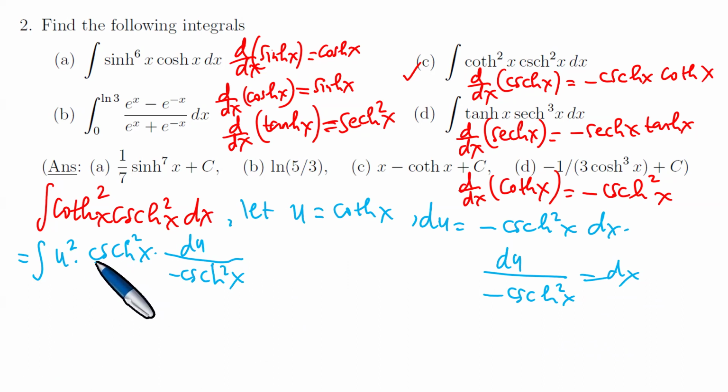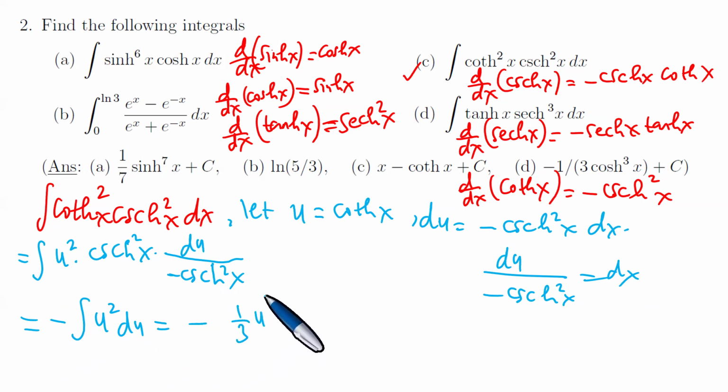So now this is equal to what? This cosech squared and minus cosech squared cancel out, giving us just -1 because of this negative. This negative you can put outside the integral sign because it's a constant. And then what is the integral of u squared? It's -1 over 3 u cubed.